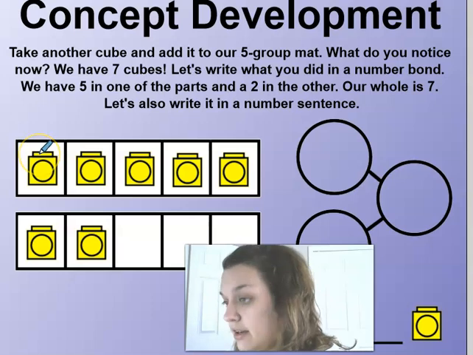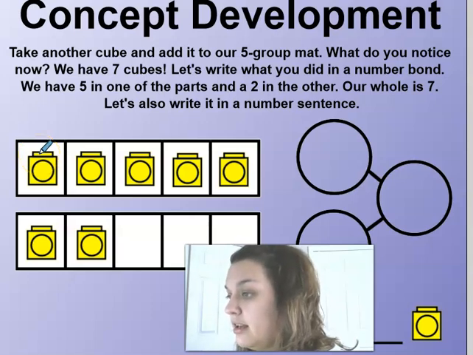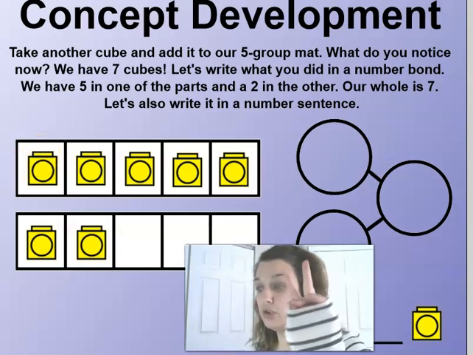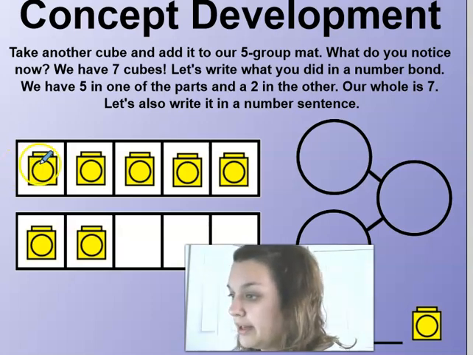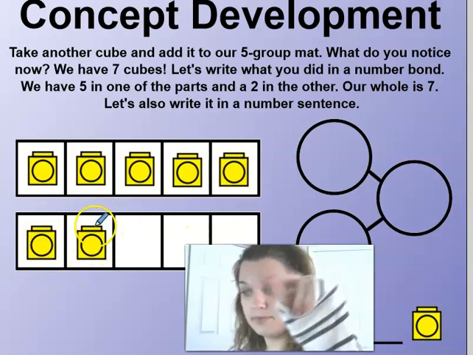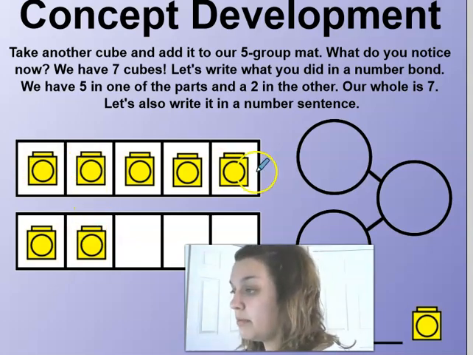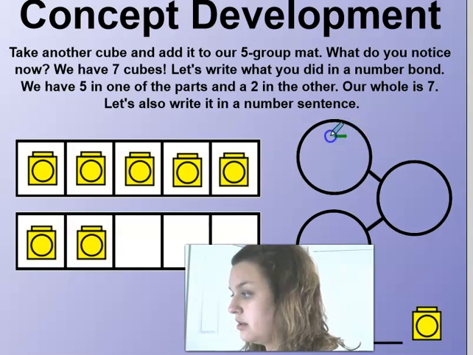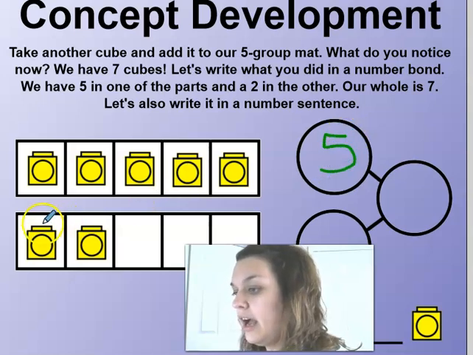Let's count together. Count with me as I point for our two parts. We're going to do our two parts first. 1, 2, 3, 4, 5. Now are these 5 attached to these 2? No. So here's our one part. They split them apart for us, which was so nice. 5. And then how many are down here?